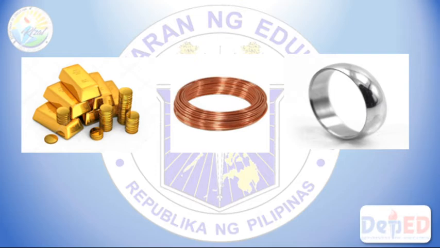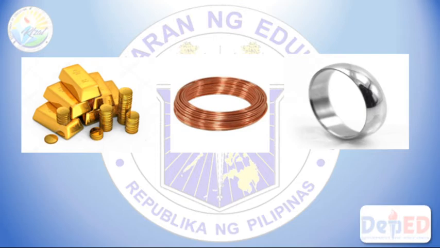Yes, all of these are matter. This one is a gold bar and coins. The second one is copper wire. The third one is a silver ring. These are the best examples of substances.